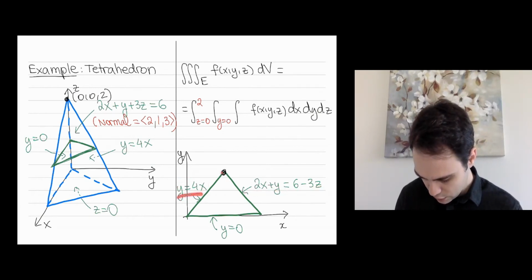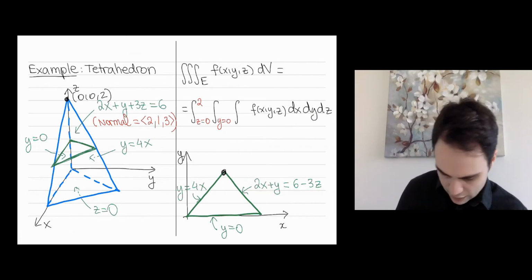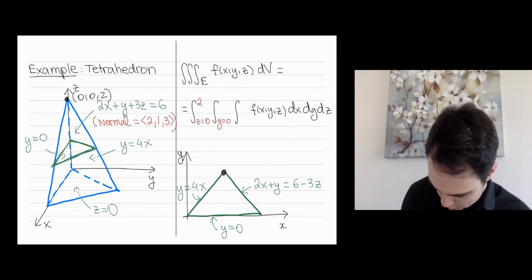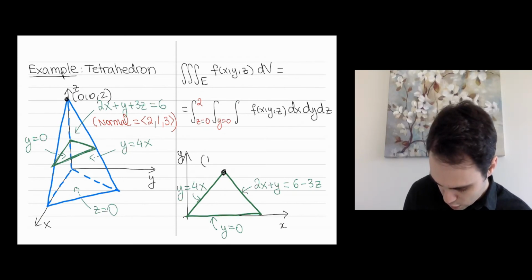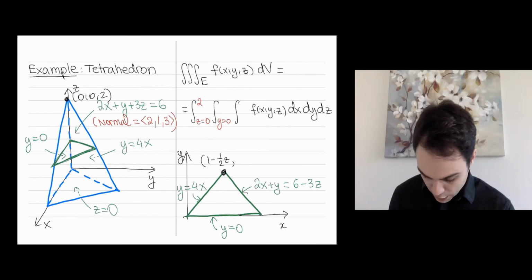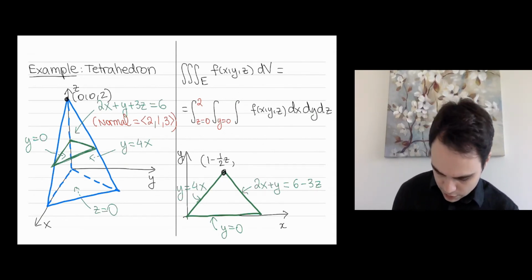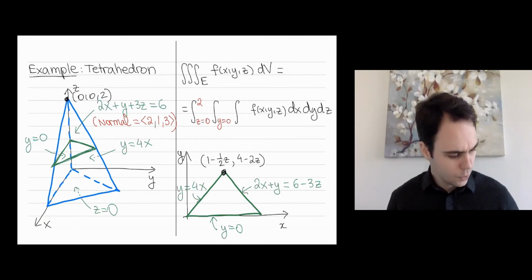So I get 2x plus 4x, and therefore 6x is 6 minus 3z, and therefore x is 1/6 of 6 minus 3z. That's 1 minus a half of z. And then y is 4 times this number, that's 4 minus 2z. Okay.